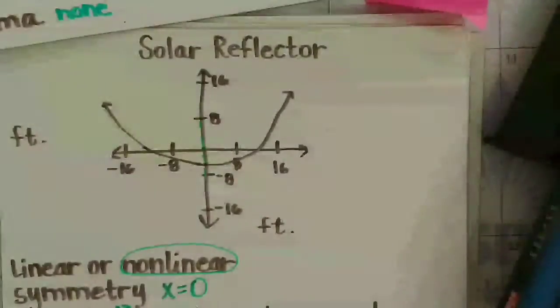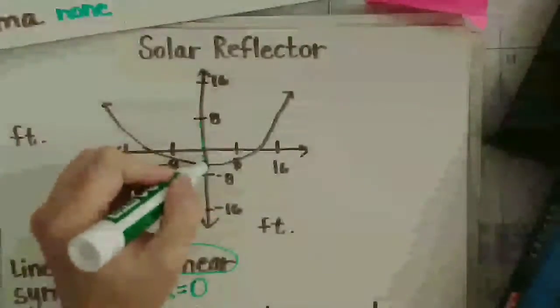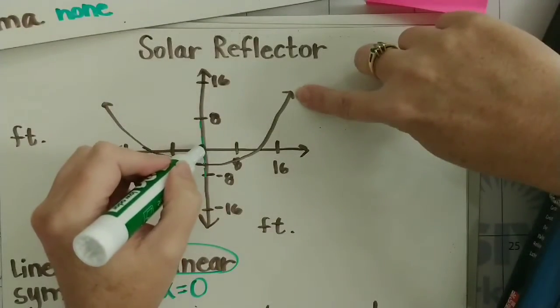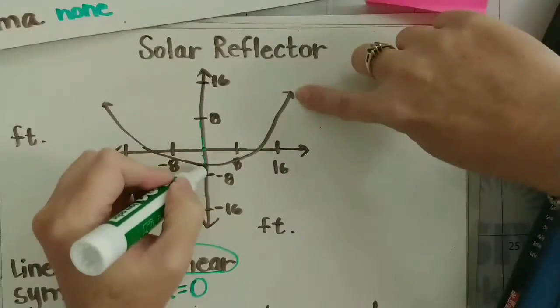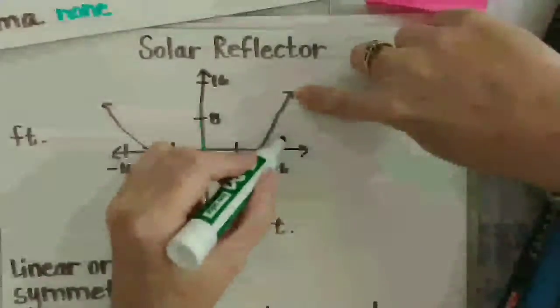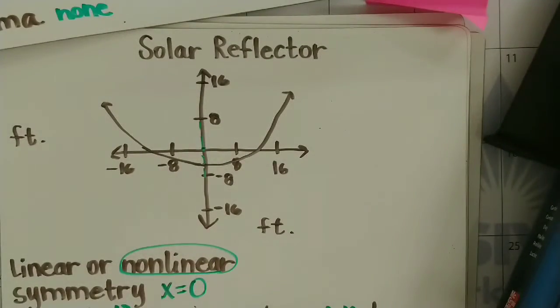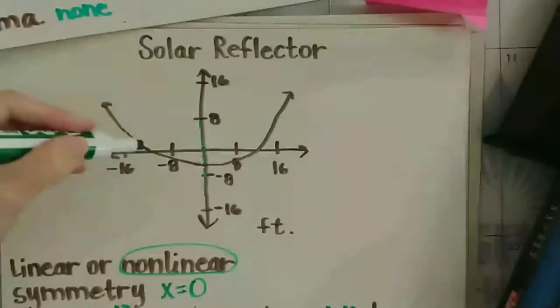And where is it increasing? I believe this section of our function is increasing. So according to our x values, it starts at the 0 area and goes all the way to 16. And I think we need to look at our decreasing. Where is it going down?